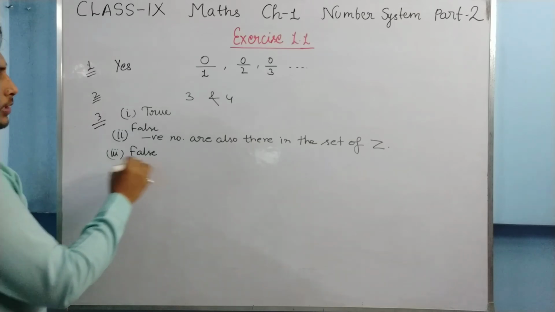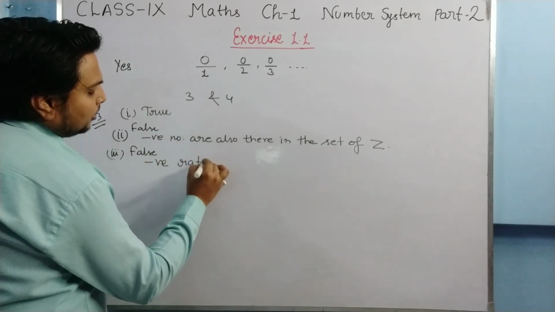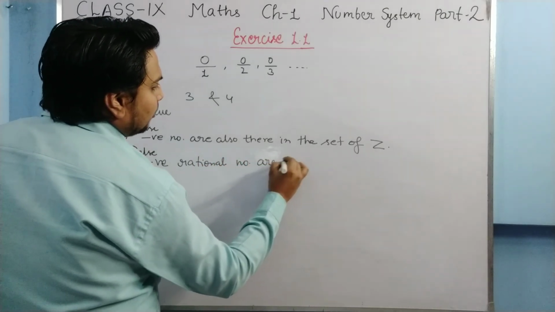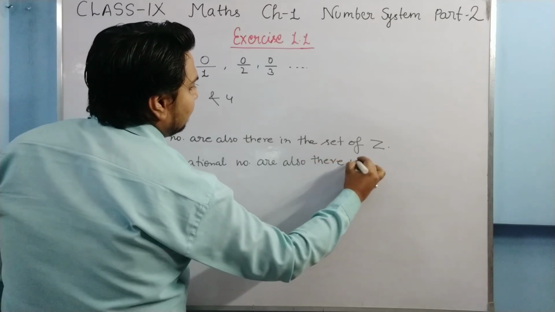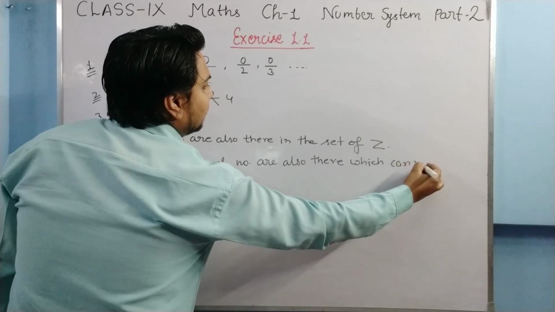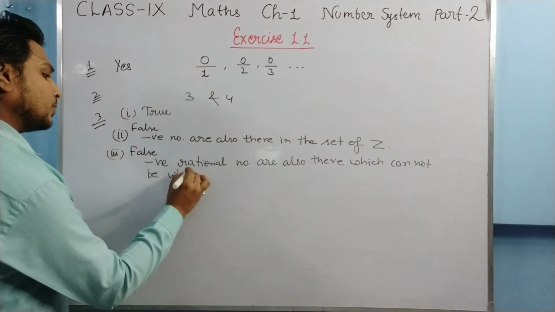Okay, so here we will write that negative rational numbers are also there which cannot be whole number.